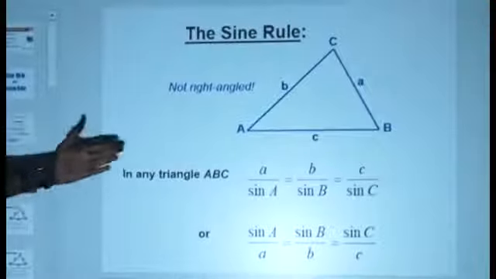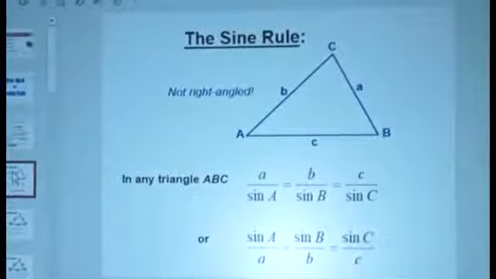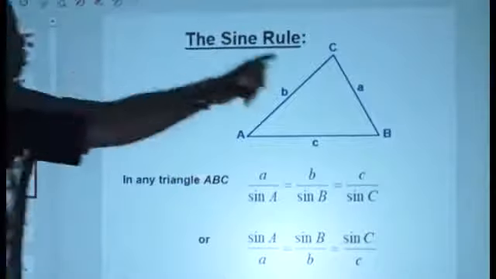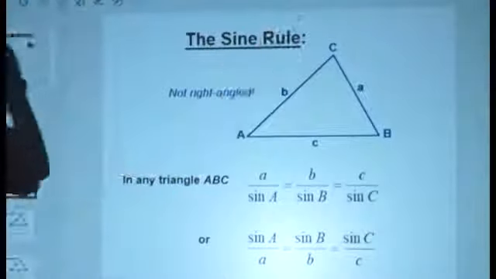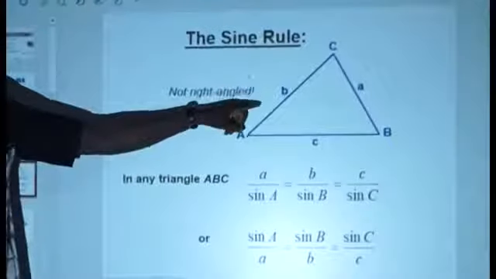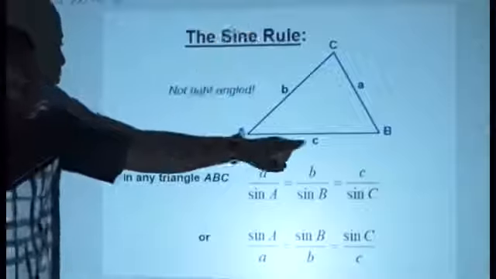In any triangle ABC, as we have seen, the side facing the angle A is a small letter a. The side facing the angle B will be represented with small letter b, and the side facing the angle C will be represented with small letter c.